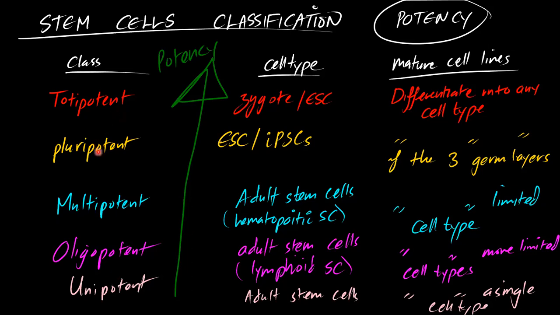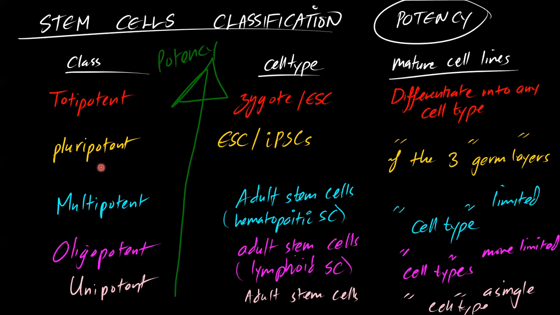And then we have pluripotent, which are basically stem cells with high potency but lower than the potency of the totipotent. An example of a totipotent cell is the zygote.